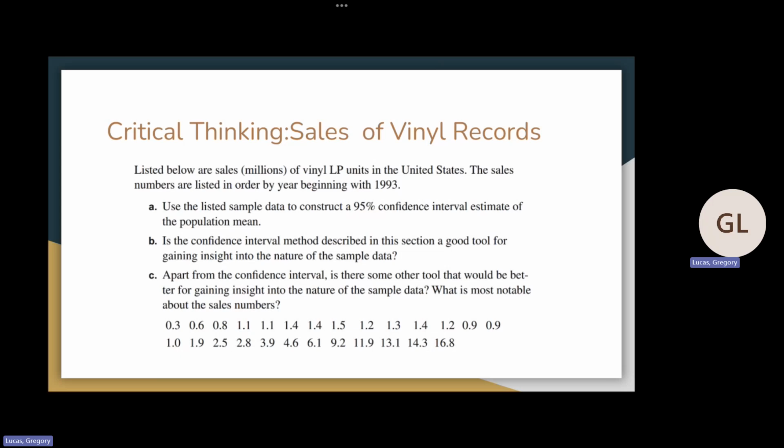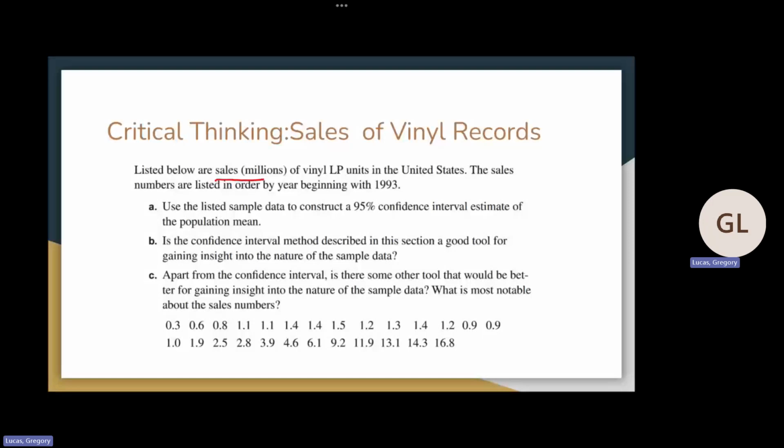And then lastly, apart from the confidence interval, is there another tool that would be better for gaining insight into the nature of the sample data? What is most notable about the sales numbers? Okay, so I put our little sample at the bottom, and this is sales in millions, so 0.3 million, 0.6 million, 0.8 million, so on.